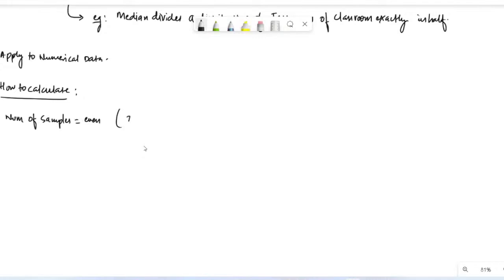For example, let us write our sample as 7, 8, 11, 15, 19, 21. So how do we calculate the median here?